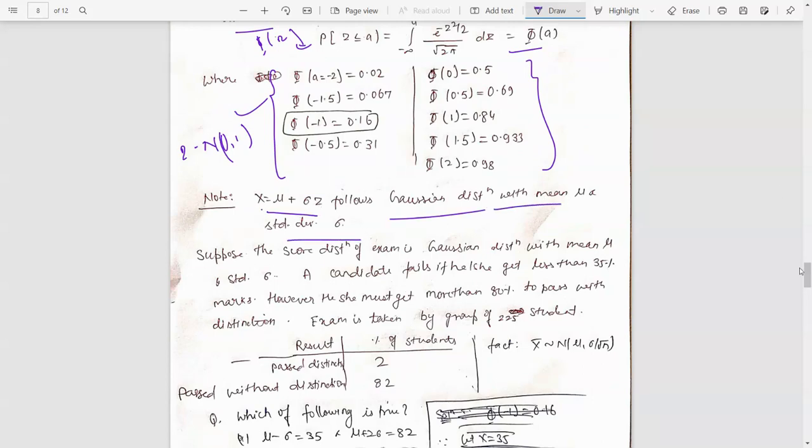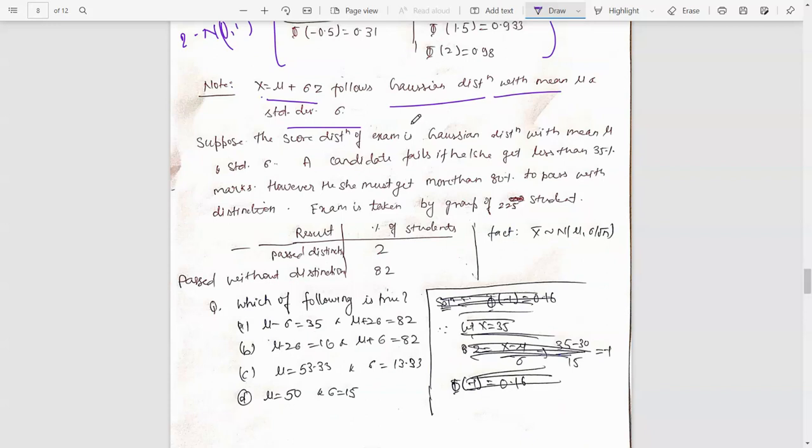This is the same thing. And now it says that in an exam, the score of the student follows a Gaussian distribution with mean mu and standard deviation sigma. If a candidate gets less than 35%, he or she fails. So let's say the student gets marks less than 35%, he will fail.